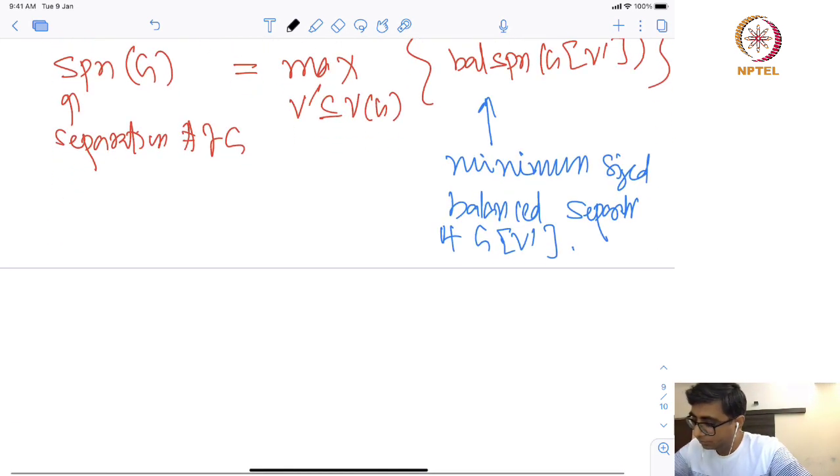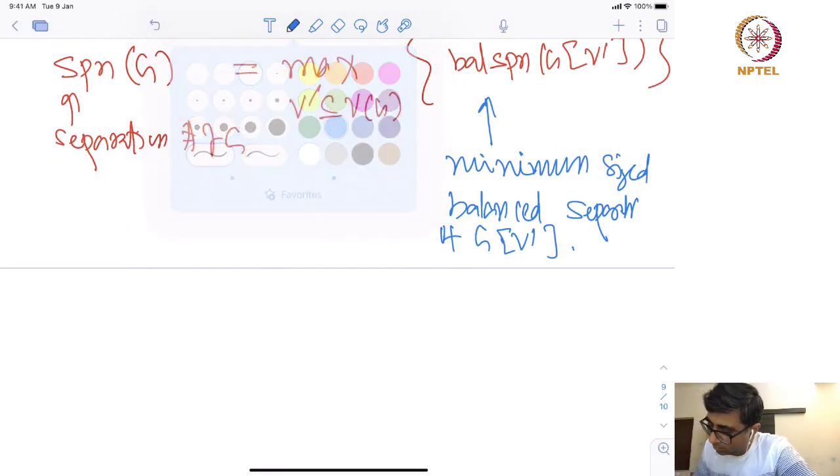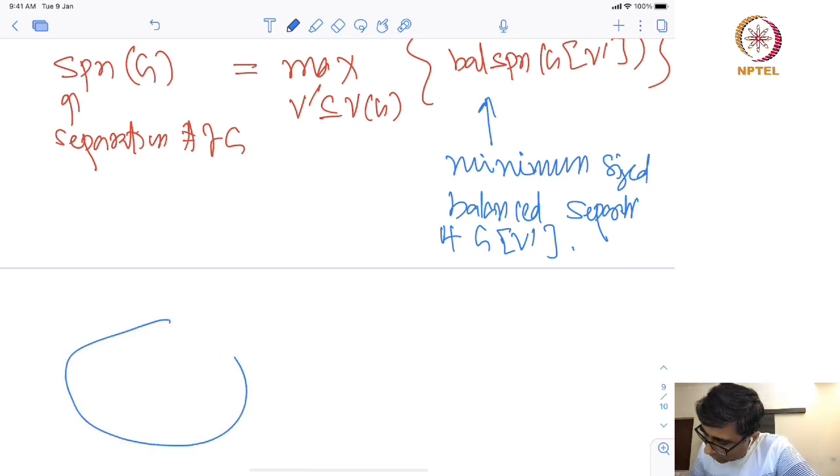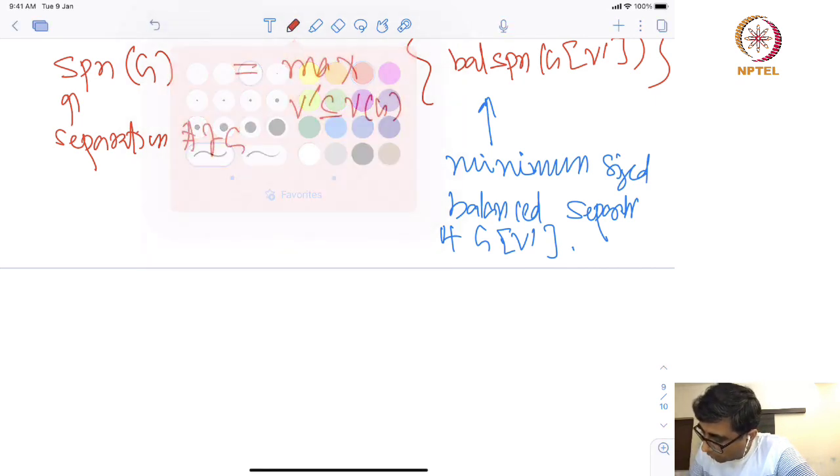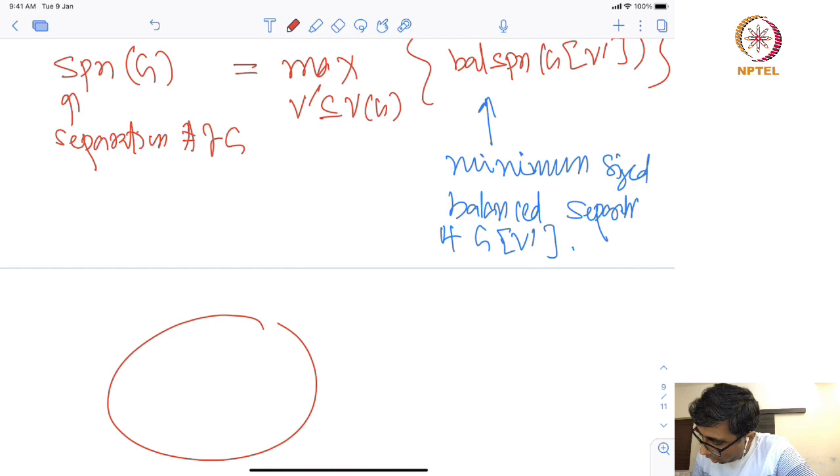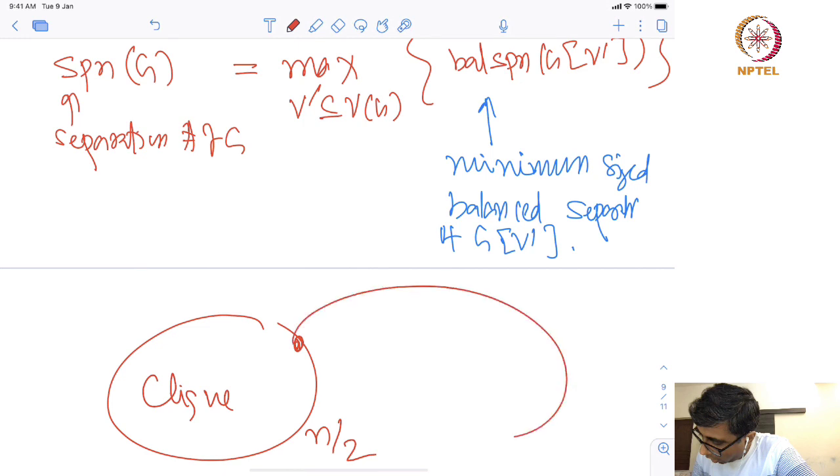So for example, look at this very nice example. Here is a clique on say n by 2 vertices, and here is another clique on say n by 2 plus 1 vertices.